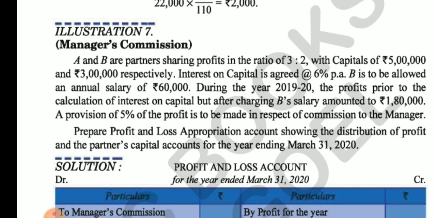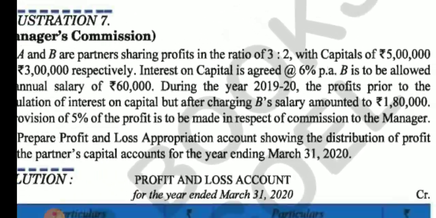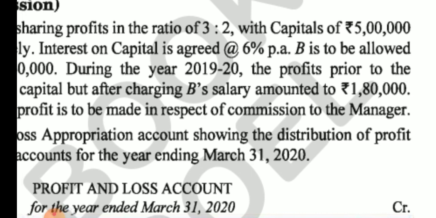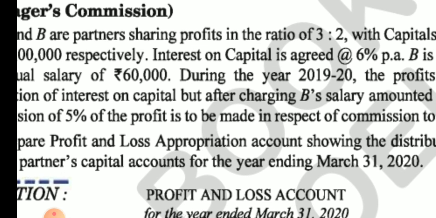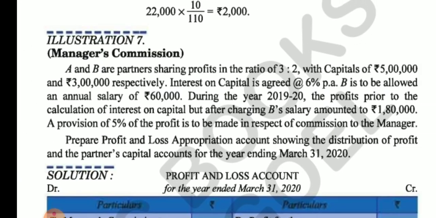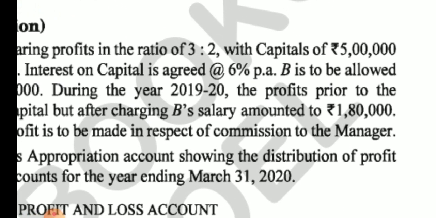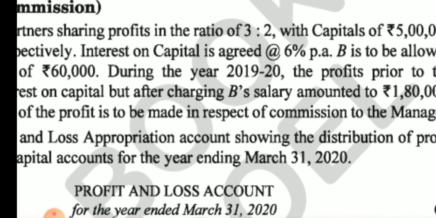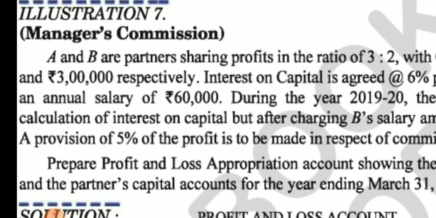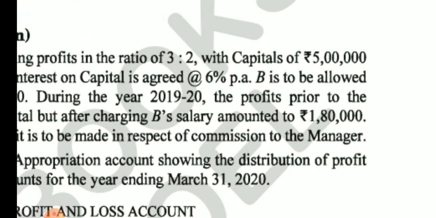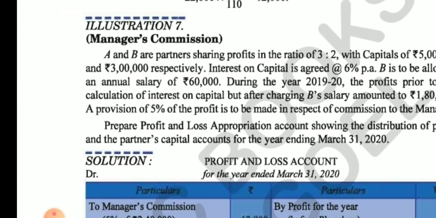Then salary of B is 60,000 during the year, and the profit is calculated after charging interest on capital but after charging B's salary, amount 1,80,000.